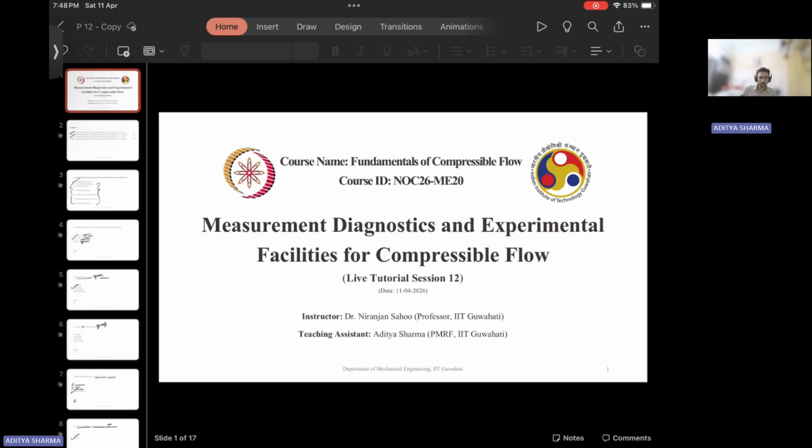Then shock tunnels for hypersonic flows. Then gun tunnel also is used for hypersonic flows. Then we saw Ludwig tunnel also, free piston shock tunnel, right? Then expansion tunnel we saw. Expansion tunnel is used for your hypervelocity flows. One change here in expansion tunnel is that we are using an acceleration tube. If we compare this with the free piston shock tunnel, an acceleration tube has been added here, right?